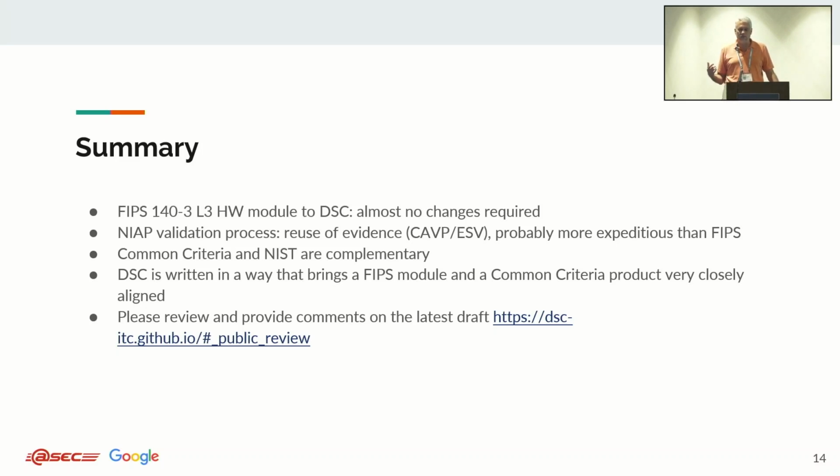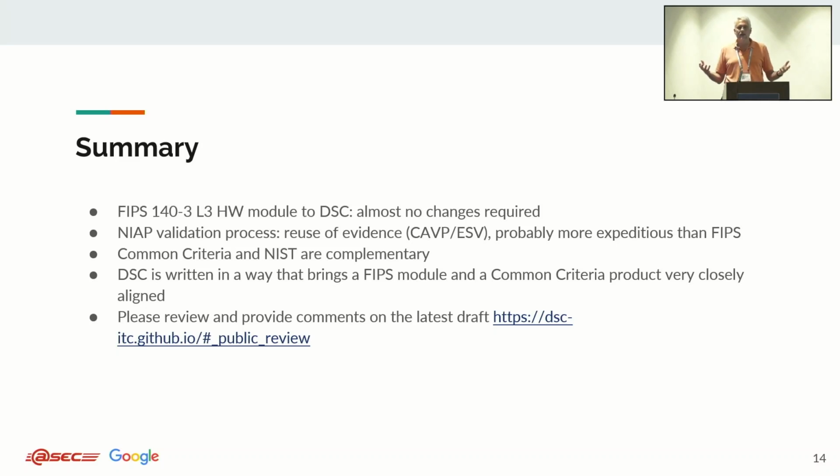And obviously, the way that the DSC cPP has been written is basically to align the functionality. A lot of the differences really come down to this: FIPS really looks at mostly just the crypto and making sure that you're implementing that correctly, and doesn't really pay as much attention to why are you doing the crypto, what are you doing with the crypto, how are you using the crypto.